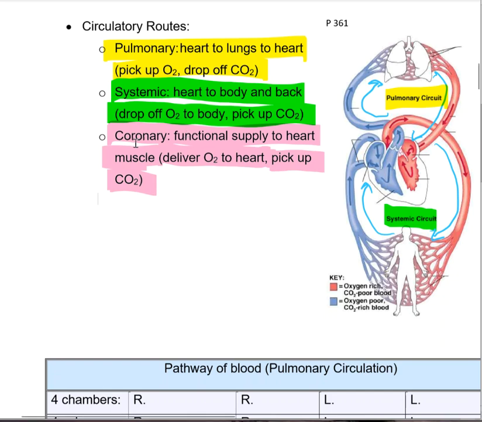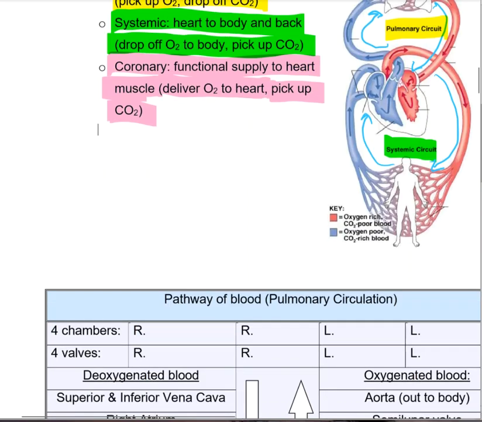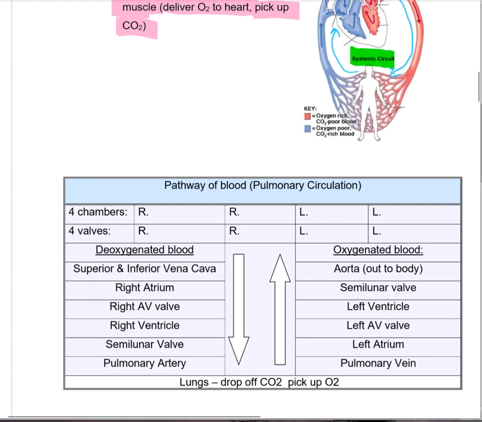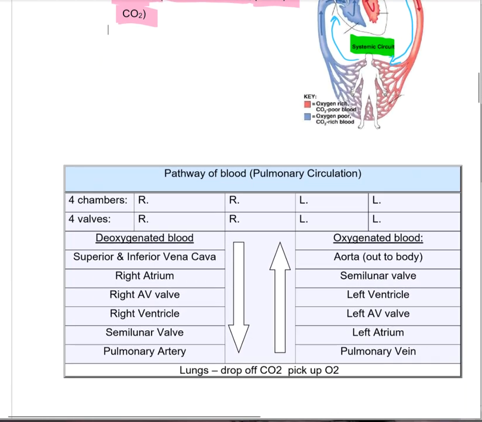So our coronary arteries are the ones that supply the heart, and our coronary veins give the deoxygenated blood back into the heart chamber itself. Okay?